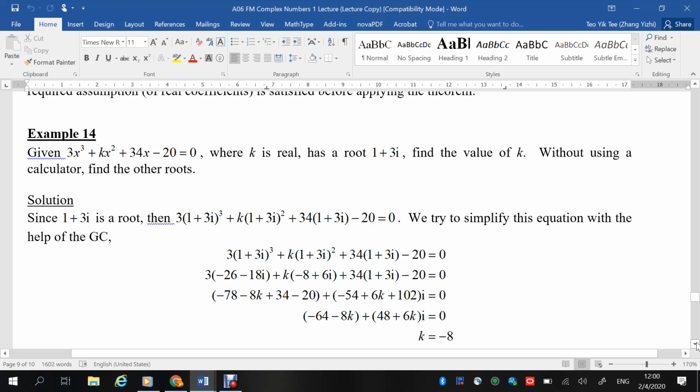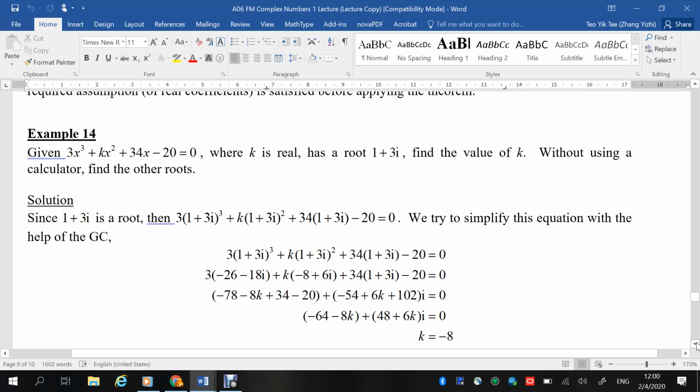Our power 3 equation. Question asks you to find the other roots. I already know one root. Are all the coefficients real? So via your conjugate root theorem, automatically 1 minus 3i is also a root, right? Okay. So this is the next step that I want you to know what to do next.